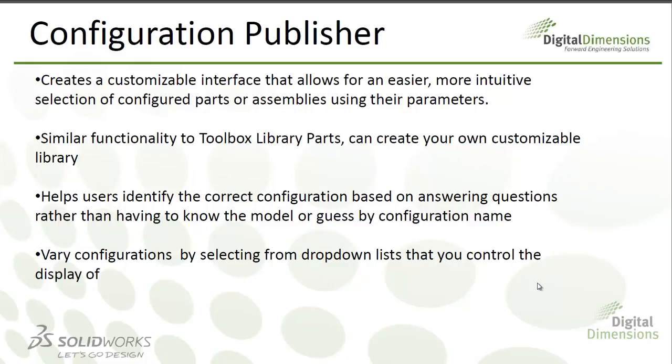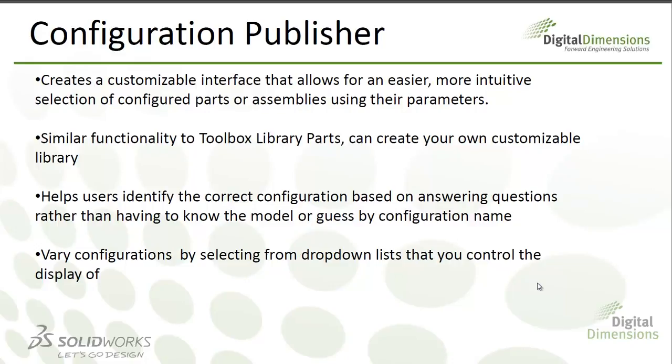The nice thing about a Configuration Publisher interface for your configured parts is that you don't have to know the part, you don't have to know how all the configurations were named and how it was created. You can use these dialog boxes to answer questions, and then it will put the part in, and you don't have to go through every single configuration.